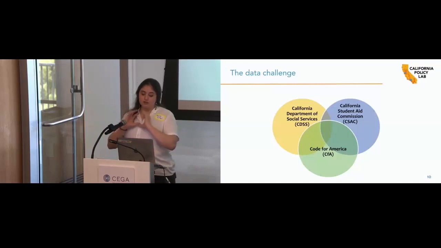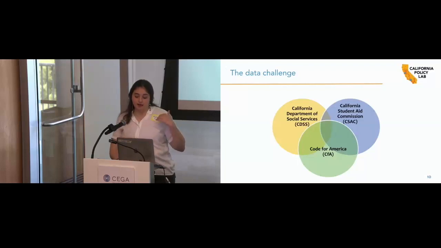First, we have the California Student Aid Commission, CSAC, which has all of the information of the students who were eligible under this new rule and who were notified. We linked this information to Code for America, which had information about the individuals who applied via this portal. And then finally, we linked this to the Department of Social Services, which had information about enrollment.